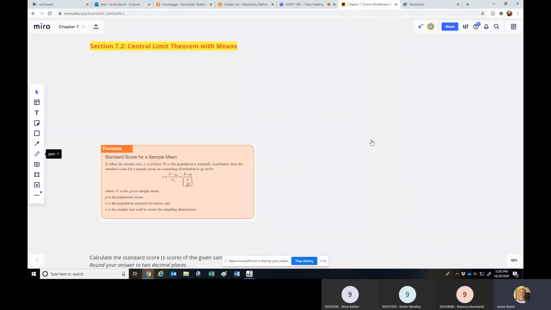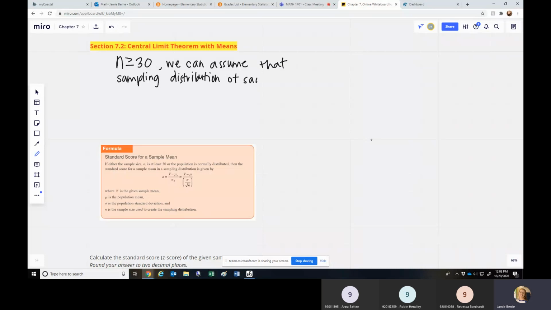What we're going to be doing in this section is take what we learned yesterday, which was, if you remember, that the central limit theorem tells us that as long as we have a sample size that is greater than or equal to 30, we can assume that the sampling distribution of sample means is approximately normal.